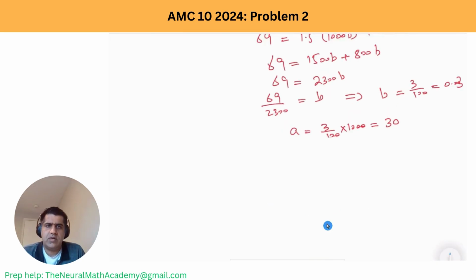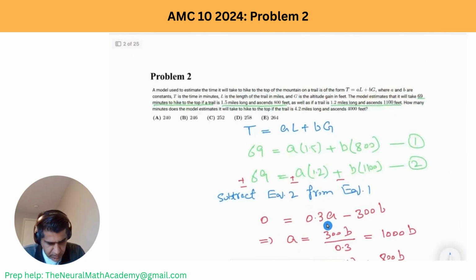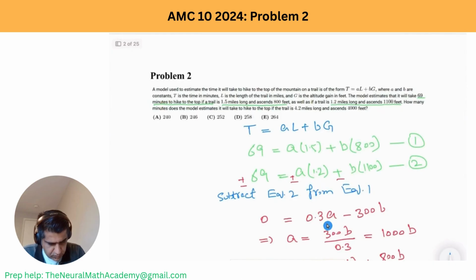Okay, so now we will put these parameters a and b in the general equation to find the time for the given case. So the linear equation that we have is, and after plugging the values, we have 4.2, and we have 4000 feet the height.